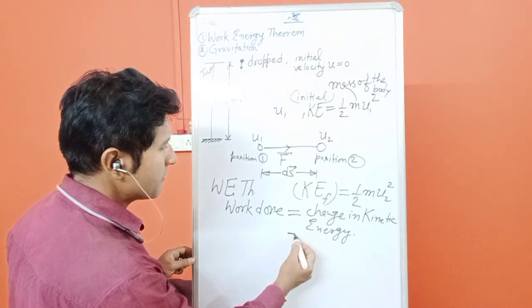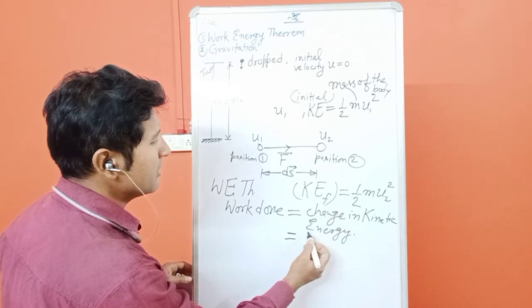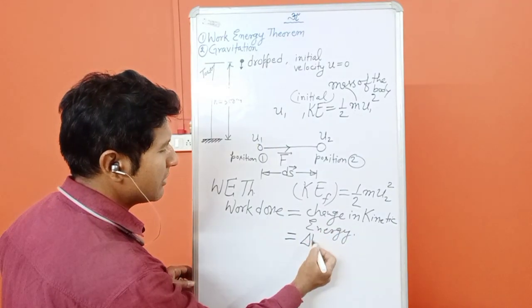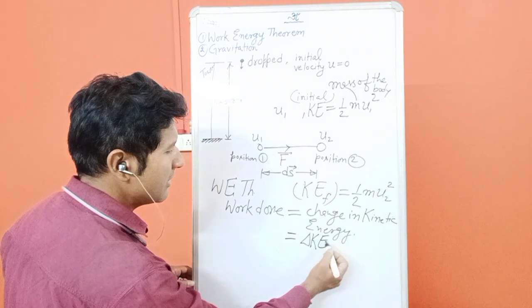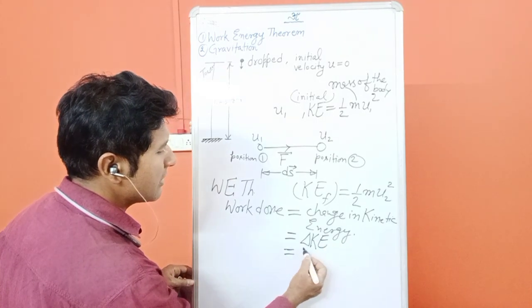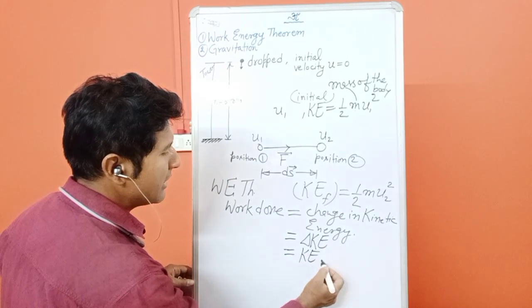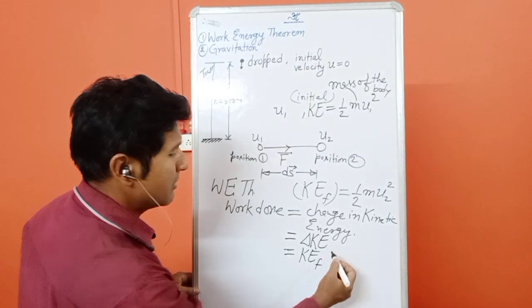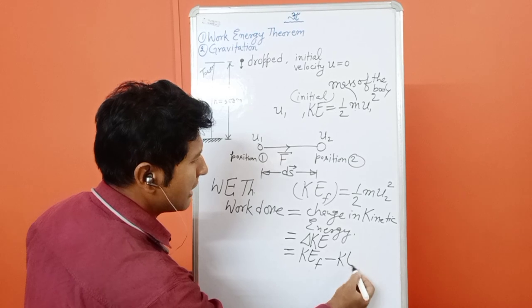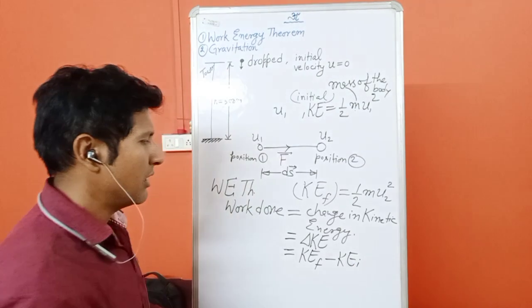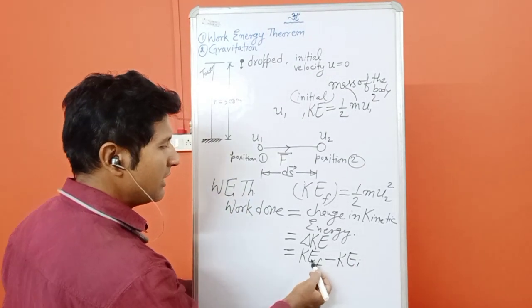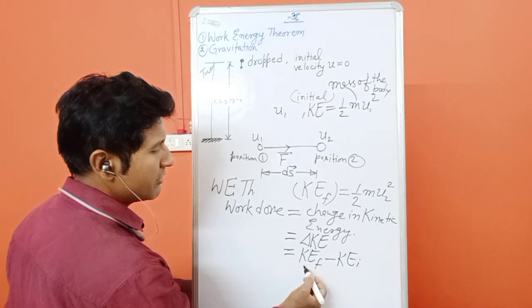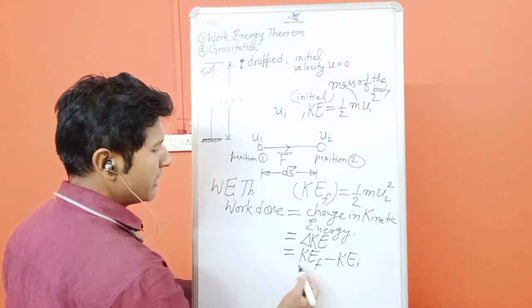Change in kinetic energy can be represented as delta KE. Now, delta KE is nothing but kinetic energy final minus kinetic energy initial, KEF and KEI. It represents the final kinetic energy minus the initial kinetic energy.